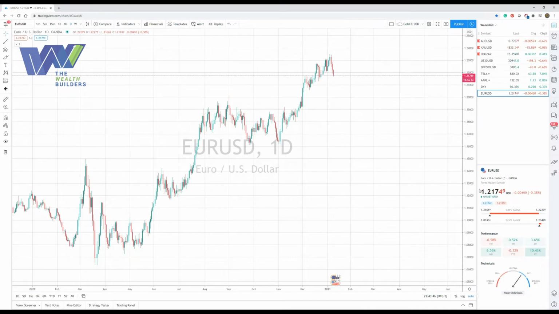If I were to actually exchange the euro, which is the base currency, and the American dollar, the way I would read this is, for 1 euro at this current price, I would get 1.21 American dollars. I'm on the daily, and price doesn't really change that much from a traveler's point of view.